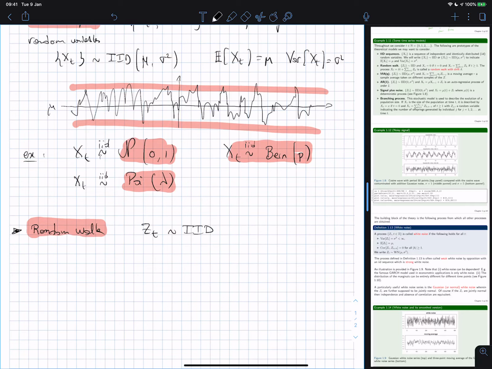I haven't defined what white noise was yet. So this is a sequence Z_t, and then we define X_t from Z_t as follows. X_t is 0 if t is 0, and then it's the sum for k going from 1 to t of the Z_k, where t is in the positive integers.